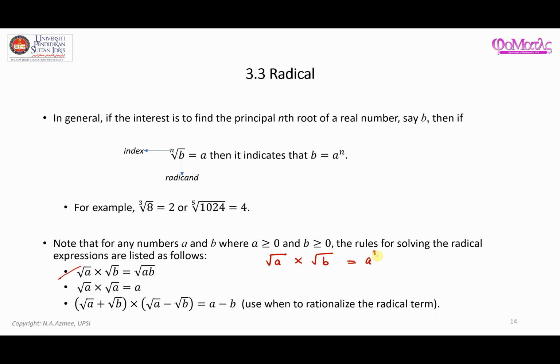It will be a to the 1 over 2 times b to the 1 over 2. Based on the laws of exponent, if you have the same exponent here, you can combine a and b together. So you have a and b put together, with 1 over 2 outside here. And this is simply the square root of ab. So there you go, you got this part.